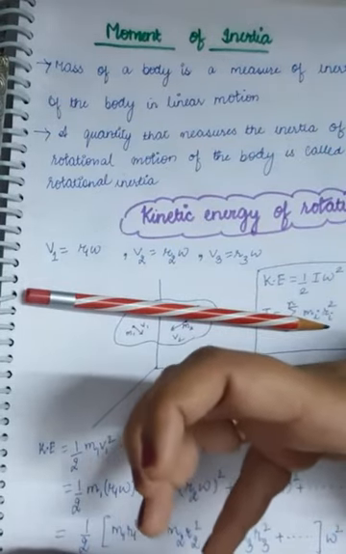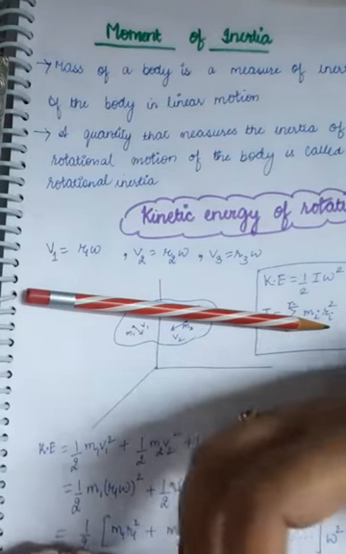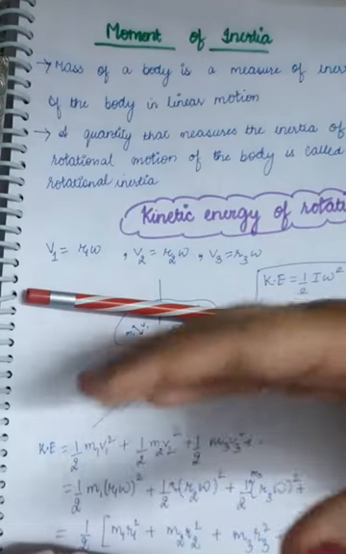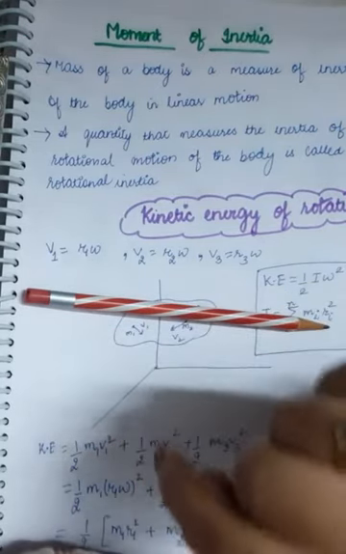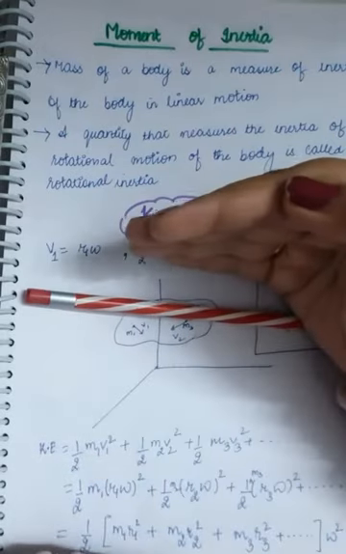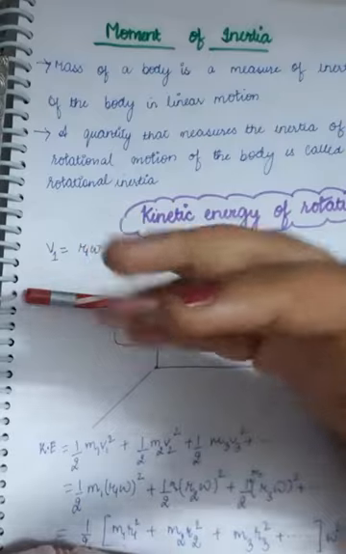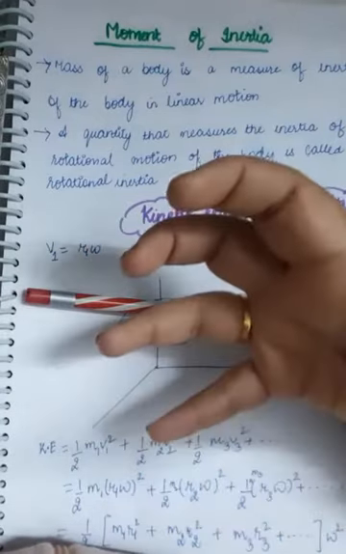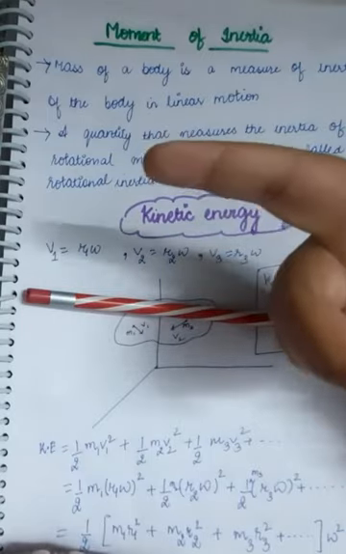In order to do that, we need to study moment of inertia. Just like mass tells you the amount of force to be applied on an object to move it in linear motion, the same way moment of inertia decides the amount of torque that you would need to apply to move the body in rotational motion.